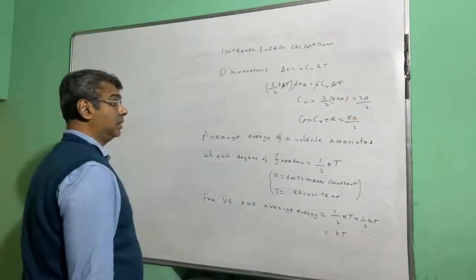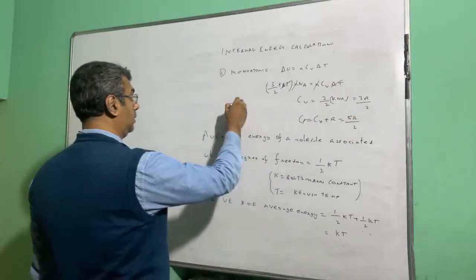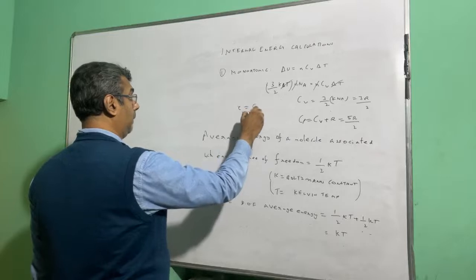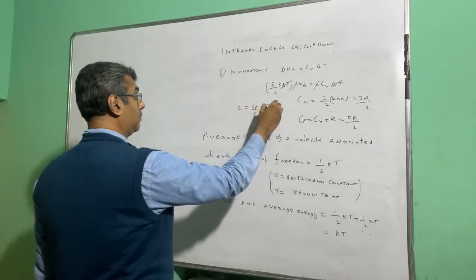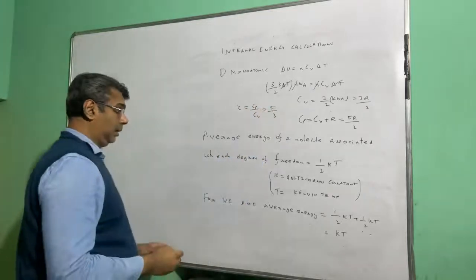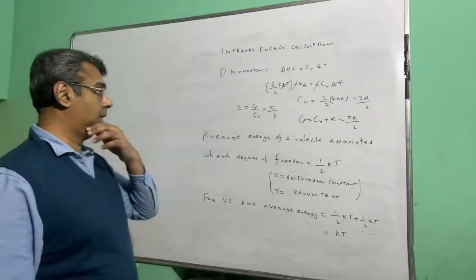So Cp will be Cv plus R, that is 5R by 2. And gamma will be Cp by Cv, that is 5 by 3.